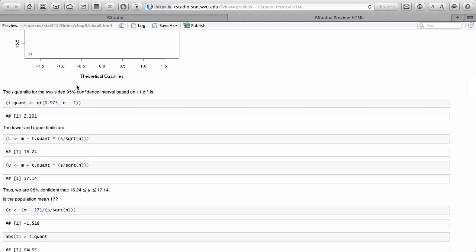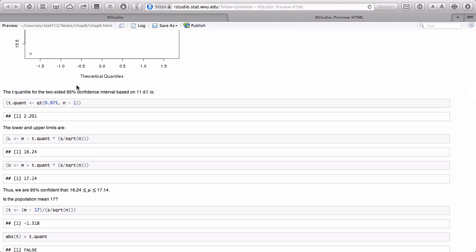Because the way the table is constructed, it's the probability that it's greater than or equal to the value, whereas the cumulative distribution function is the probability it's less than or equal. So R uses the convention that it's less than or equal to a value. So if you want the upper quantile in R, you would put 0.975. However, if you went to the back of the book and looked at the table, you would find the t-value corresponding to 0.025 because it gives the upper tail probability.